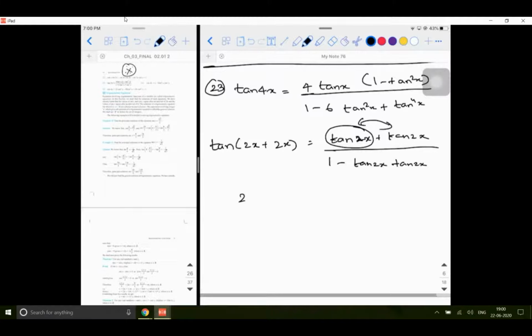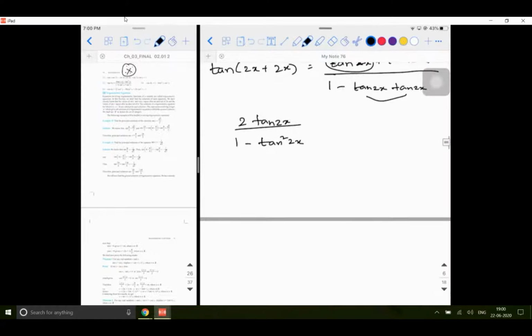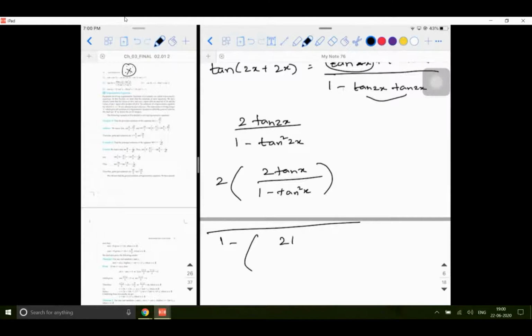Can I write it as tan 2x plus tan 2x divided by 1 minus tan 2x into tan 2x, which is tan square 2x? So 2 into tan 2x is going to be 2 tan x by 1 minus tan square x, the whole divided by 1 minus tan square 2x, which is again 2 tan x divided by 1 minus tan square x, the whole square. Can I write it like this?